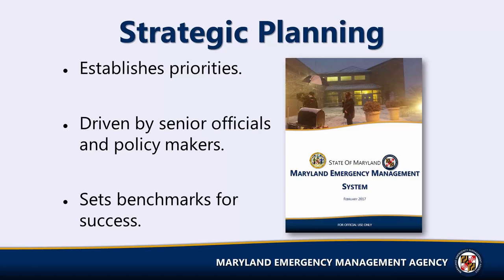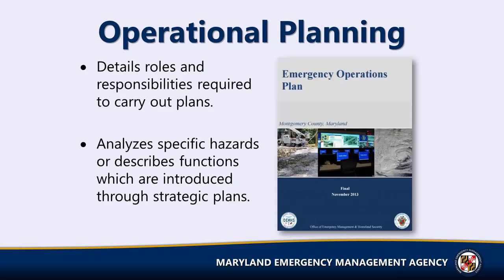At the state level, the governor, MEMA executive director, and cabinet secretaries establish strategic objectives to drive consequence management and disaster risk reduction activities. Moving one level down, operations plans discuss the activities that must be accomplished in a broad sense and present a concept of operations that includes the general roles and responsibilities of response entities.